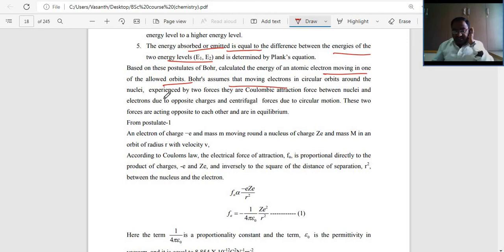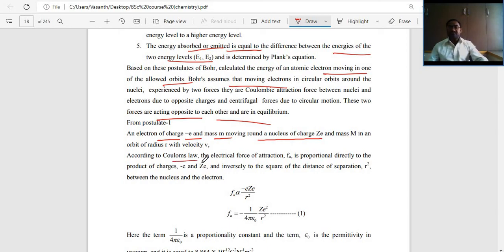These two forces act opposite to each other and are in equilibrium. Consider an electron of charge e and mass m moving around the nucleus of charge Ze with radius r and velocity v.